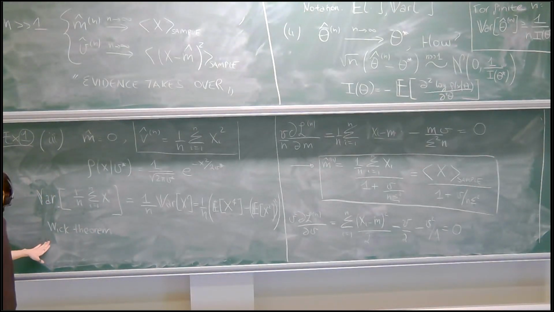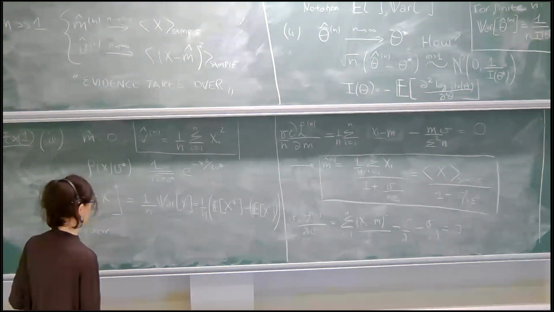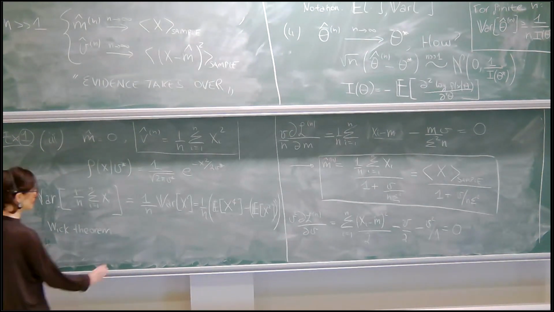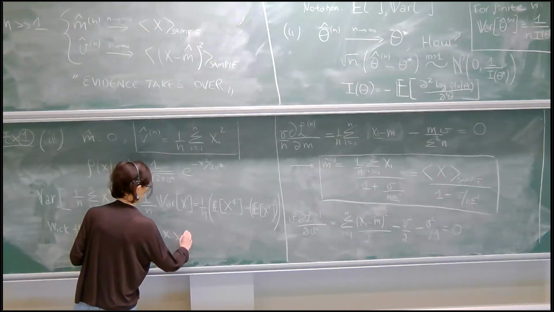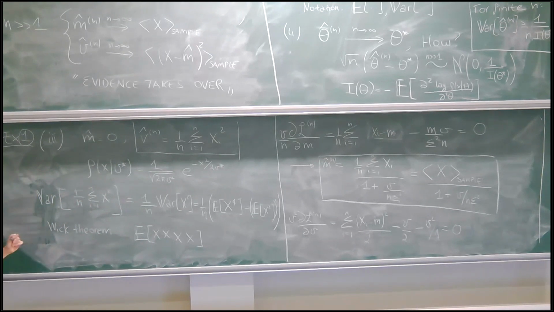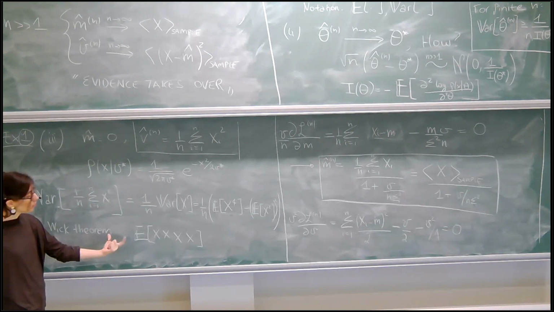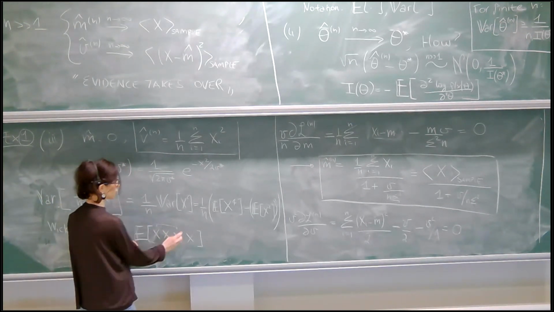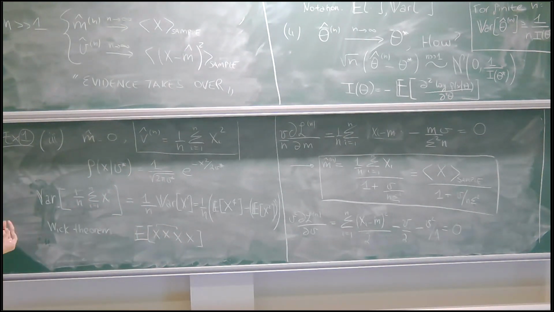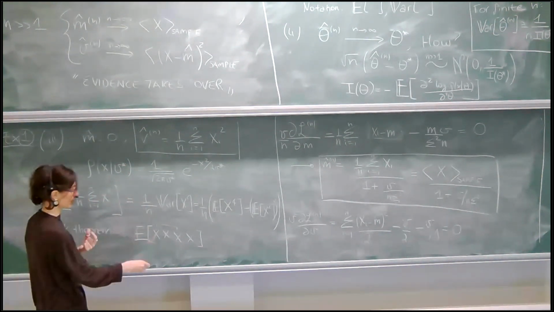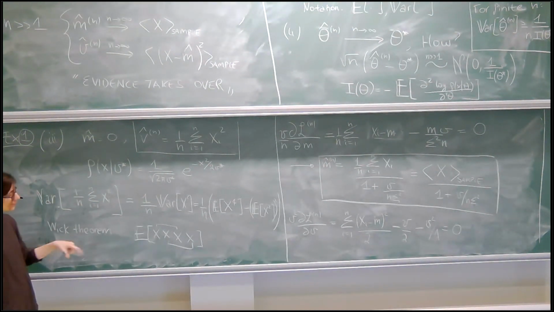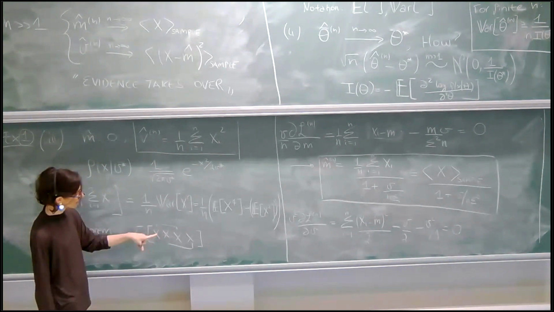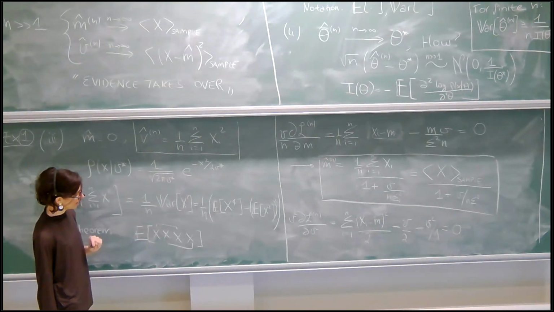If you do field theory, you will see this emerging many times. So this is a simple example. The idea is that to compute the average of x to the power of 4, you can write it as the sum over all possible contractions in which you take two values of x and compute the expectation, and this is factorized from the contraction of the remaining two values of x. So what you find is how many ways you have to pair these four elements into couples of 2.